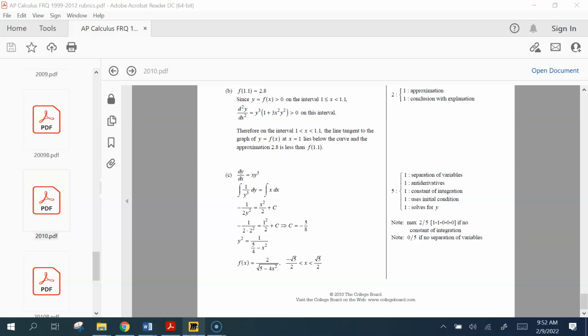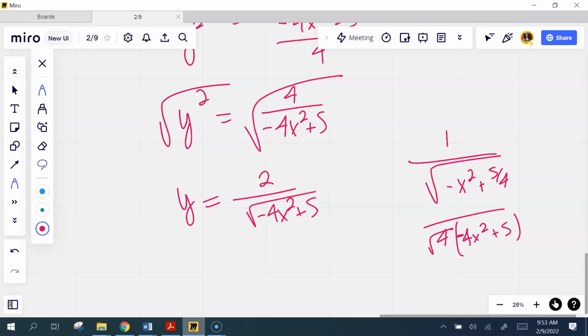I did leave out one step. I would have probably missed a point. I thought about it and didn't do it. Do you see my mistake, or what I didn't do? Look at that very last part. Because I've got a radical on the bottom, I need to make sure I specify those domain restrictions. That needs to stay positive. So I need to make sure that negative 4x squared plus 5 remains greater than, not greater than or equal to, but greater than 0.